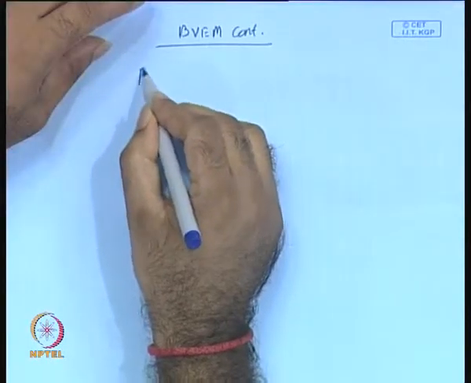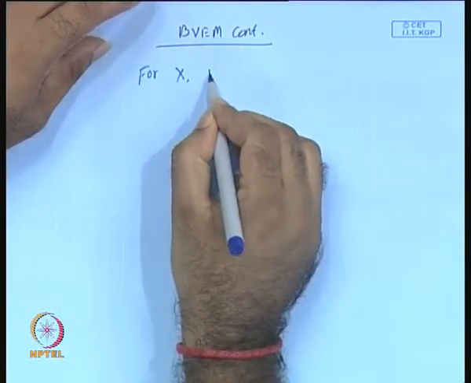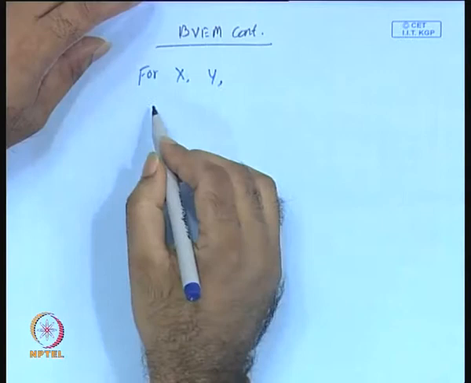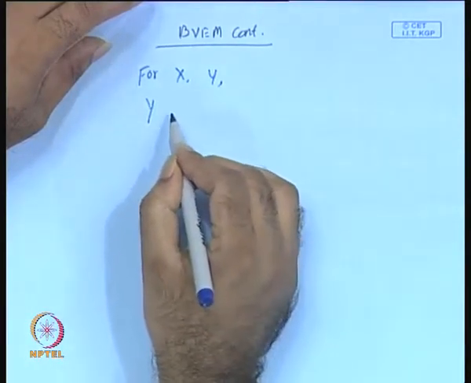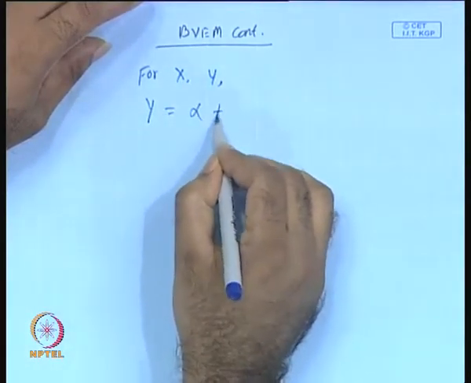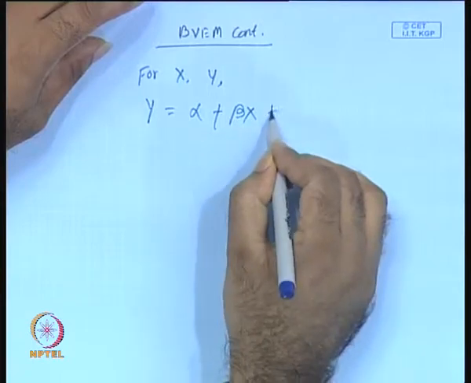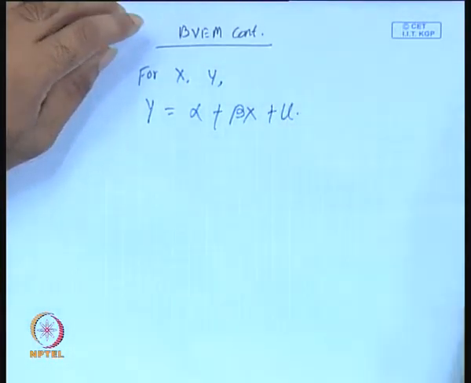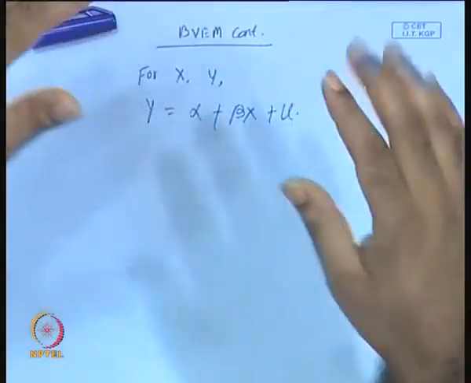For two variables x and y, the bivariate model is represented as y equal to alpha plus beta x plus u. This is the basic format of bivariate econometric modeling.